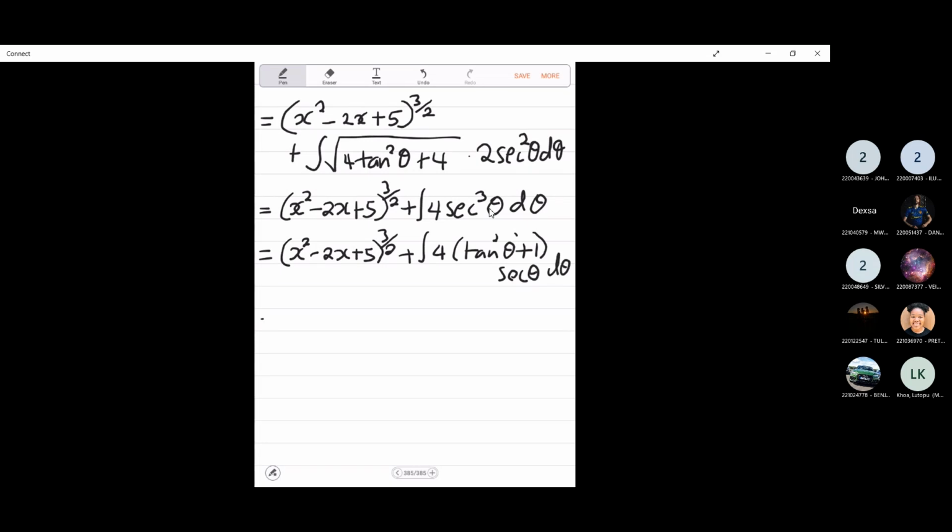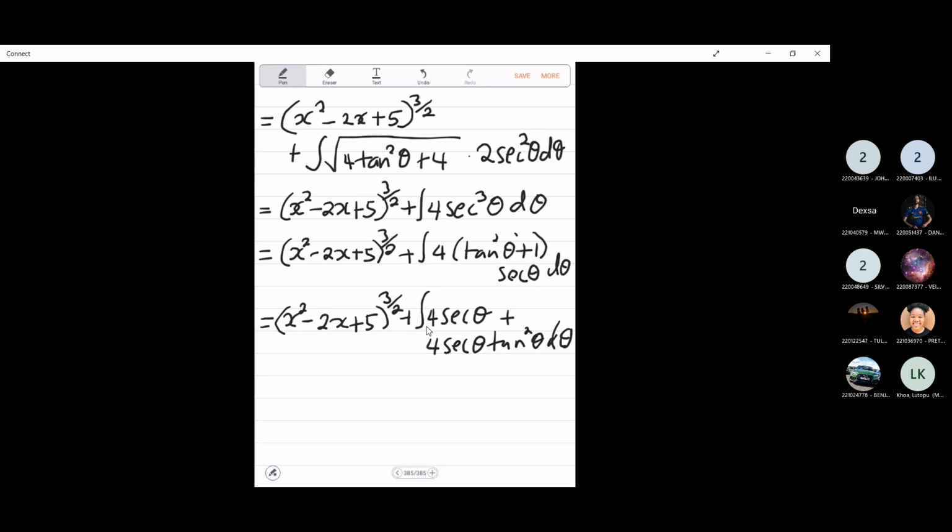So before I use by parts, this is x squared minus 2x plus 5 power 3 over 2, and then I have 4 sec theta plus 4 sec theta tan squared theta d theta.